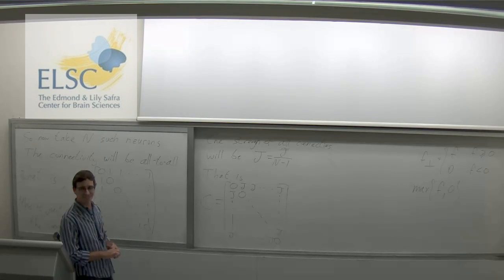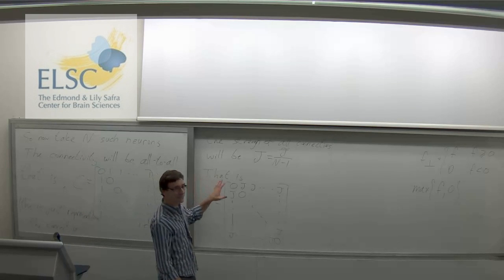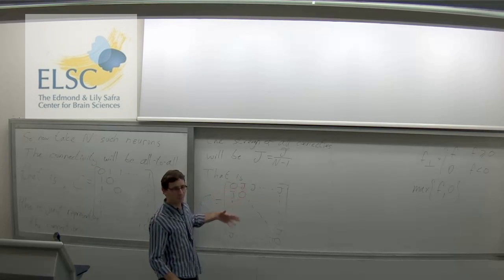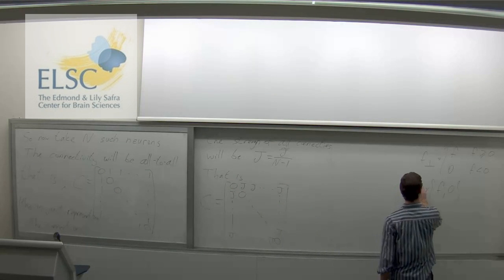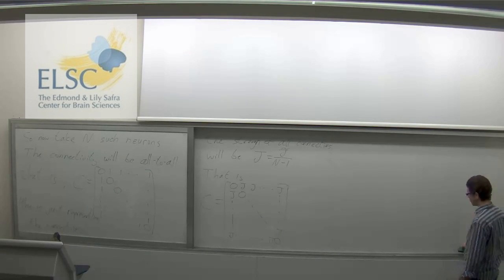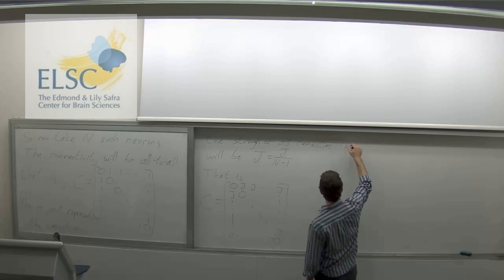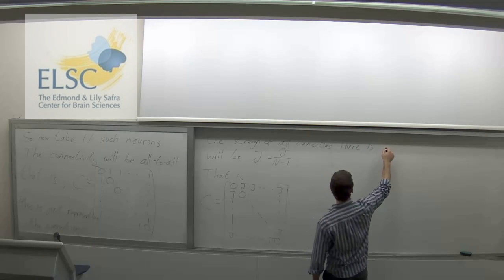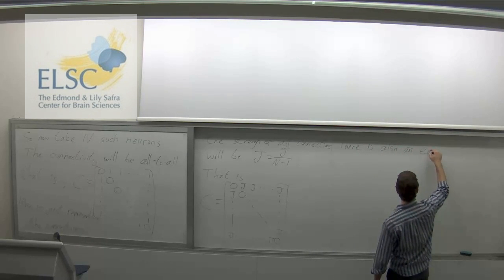what can I do? We're going to also add an external input, something that is constant and independent of what happens to the neurons. Okay, so at every time step there is also an external input.